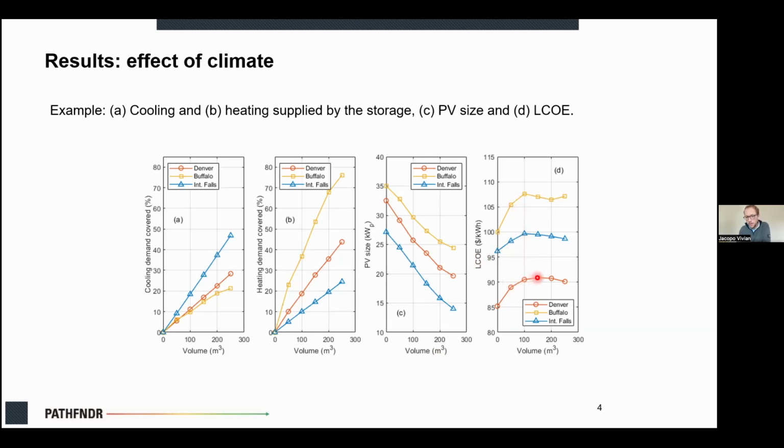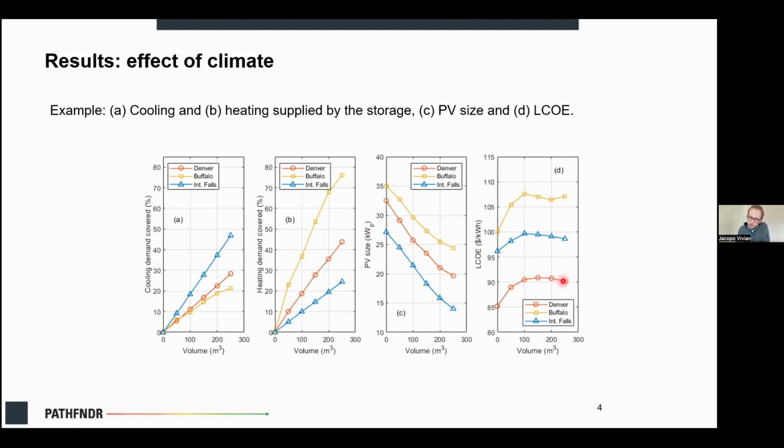Finally, when it comes to the economic part, and you compare the 3 locations, you should not compare the absolute values of the 3 locations, but in my opinion, the most interesting comparison is between the first and the last point for each location. Because the first point means having no storage at all, and the point on the right means that you have a big ice storage.